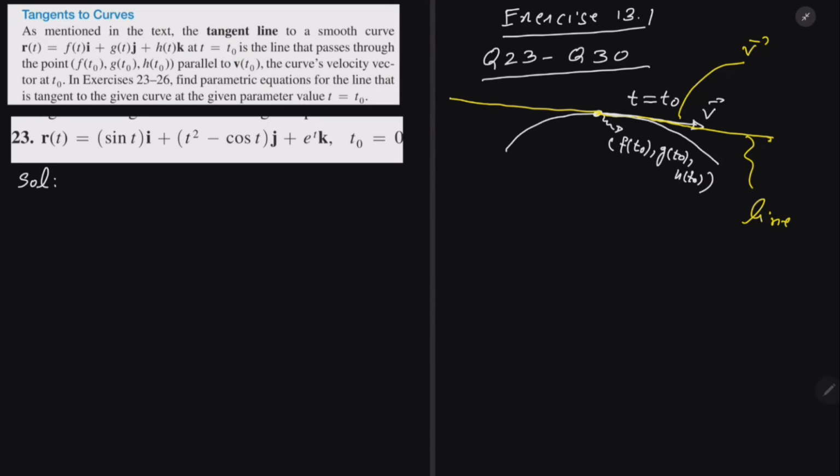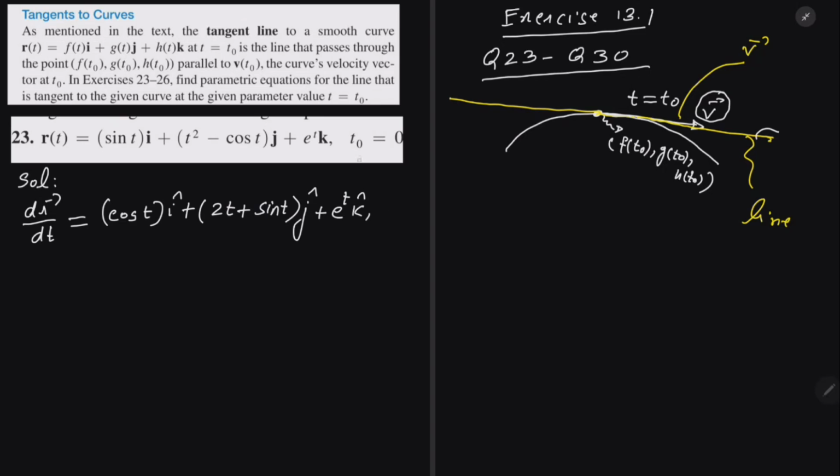First of all, we differentiate. To find the line we need the velocity vector v, the derivative of r. So we find it by differentiating the position vector r, which is cos t i plus 2t plus sin t j plus e to the t k unit vector, and t naught is the point where we want to find the line.